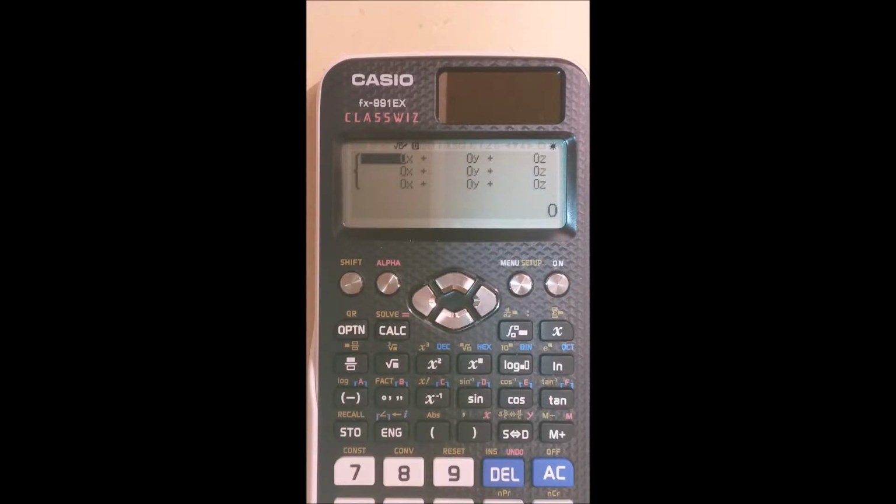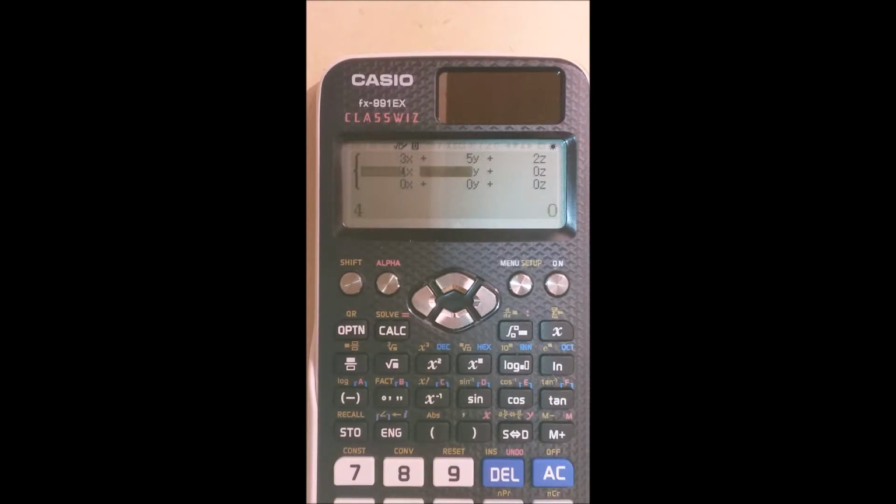So the example I've got is 3x plus 5y plus 2z equals 19. So we'll go 3 enter, 5 enter, 2 enter, 19 enter. We come down to the second one, I'm going to enter 4x minus 2y plus 5z equals -3.